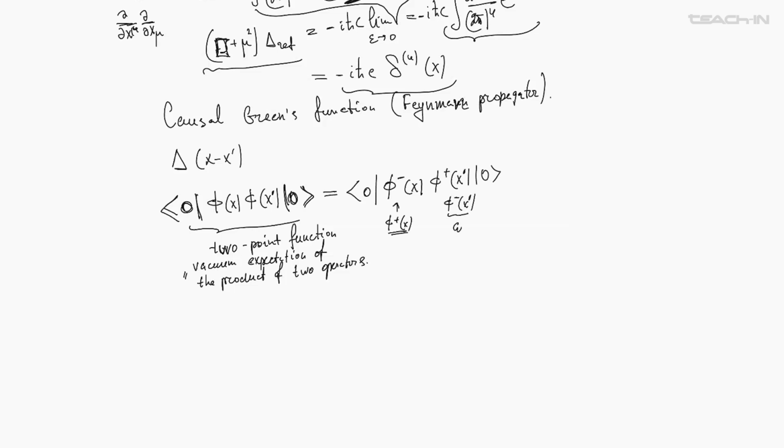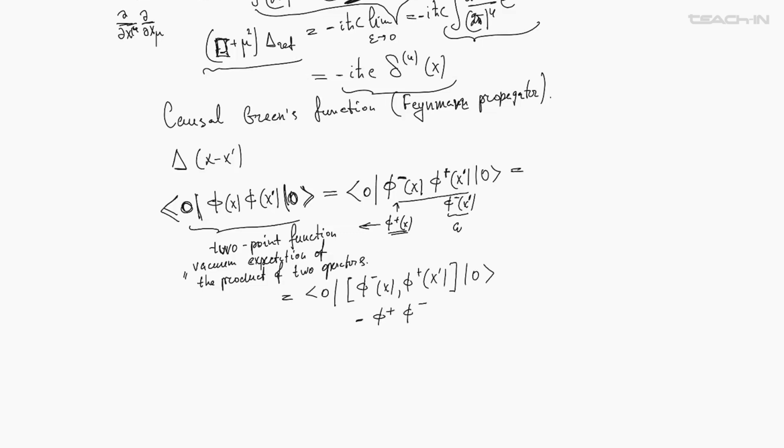So you will be left over with phi minus and phi plus, and then you can continue and rewrite it in the form of the commutator of phi minus on x and phi plus on x prime. That's because, if you open this commutator, the first term will be phi minus phi plus, like I'm writing here. And in the second term of the commutator, you will get minus phi plus phi minus. But again, phi minus acting on the right vacuum will produce zero, and phi plus acting on the left vacuum produces zero.